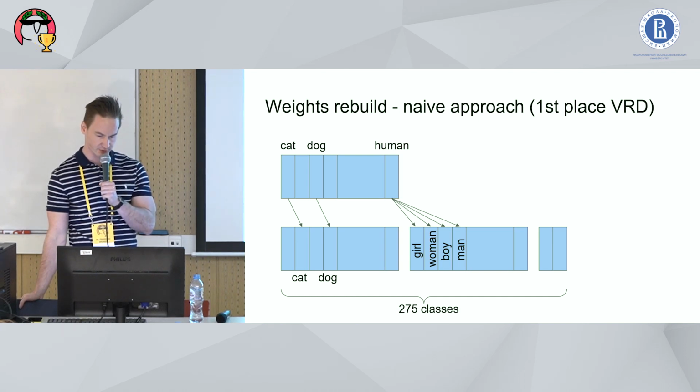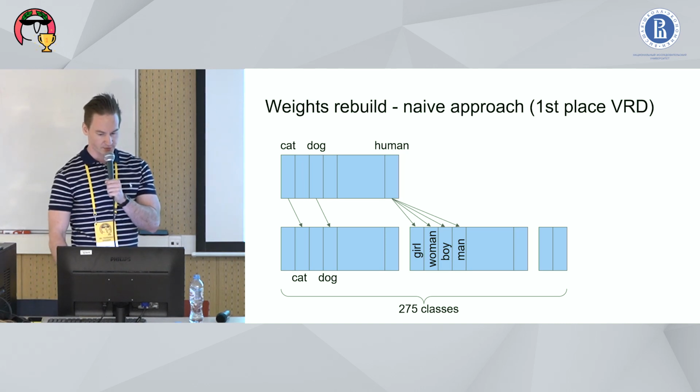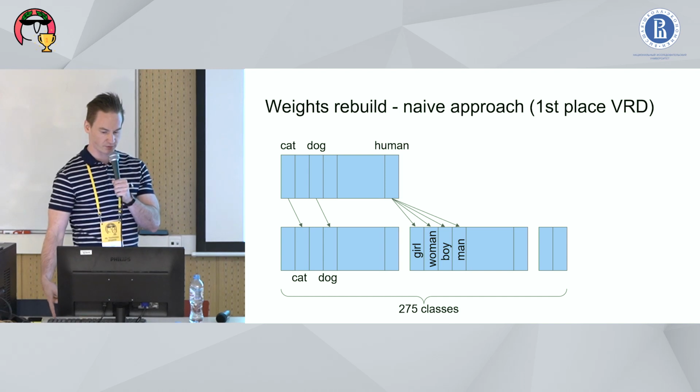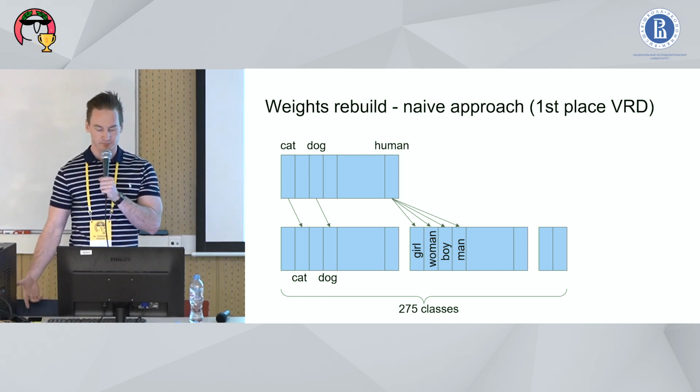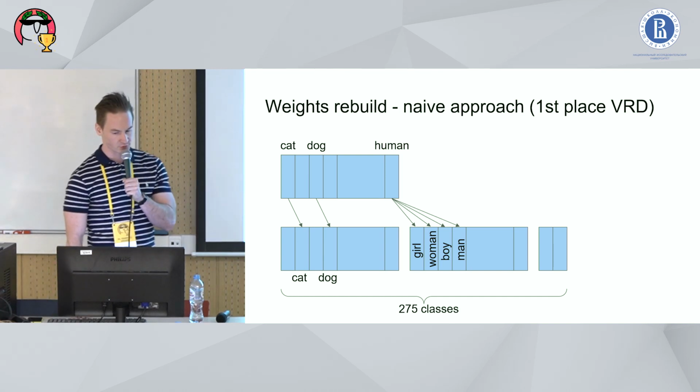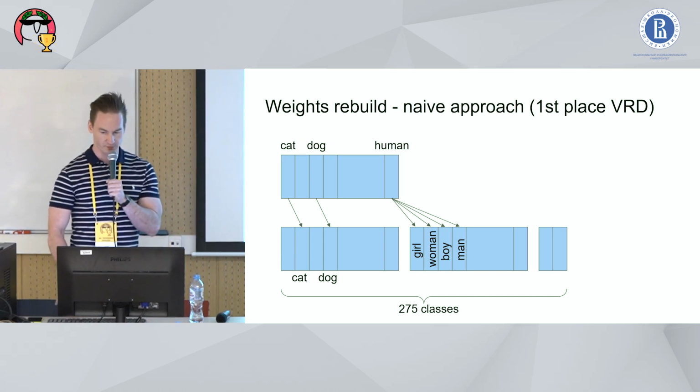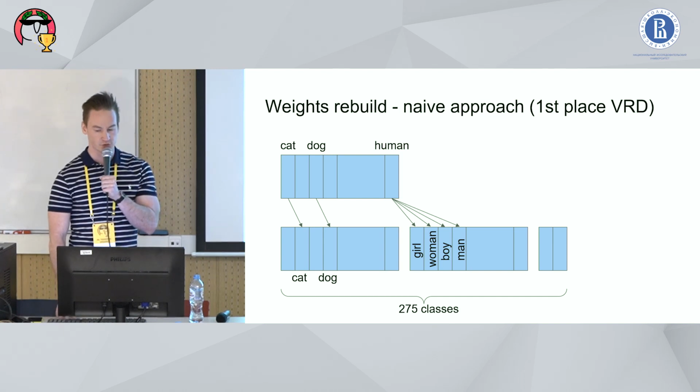So human splits into girl, woman, boy, and man. And you just copy and paste the weights from human to the corresponding weights for these four classes. And it allows you to make even better convergence because the whole model is pre-trained, and all of these pre-trained weights are relevant to your new classes.